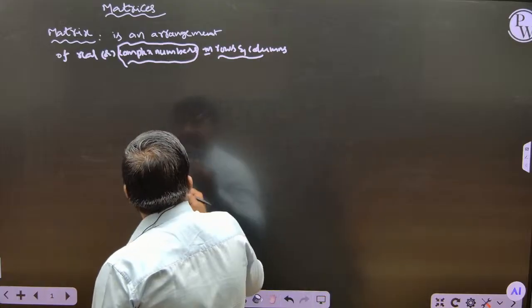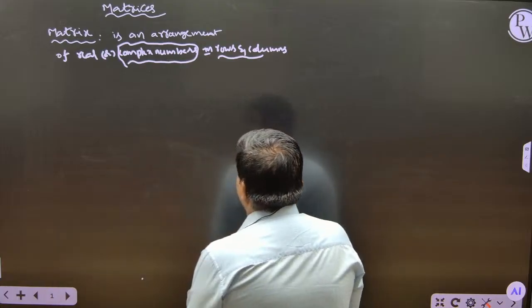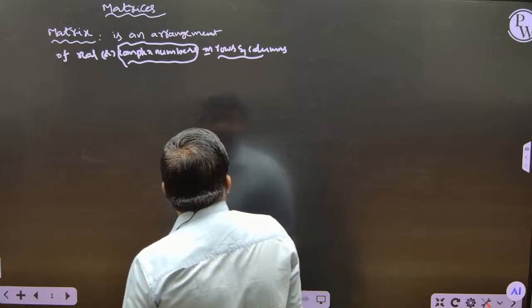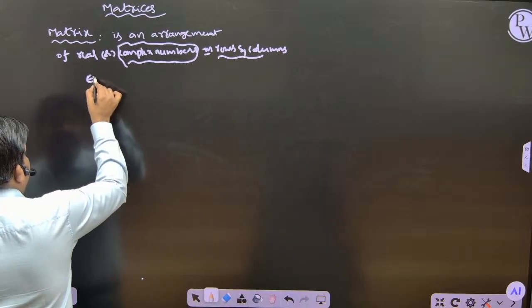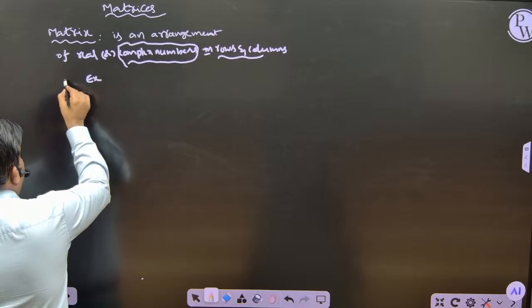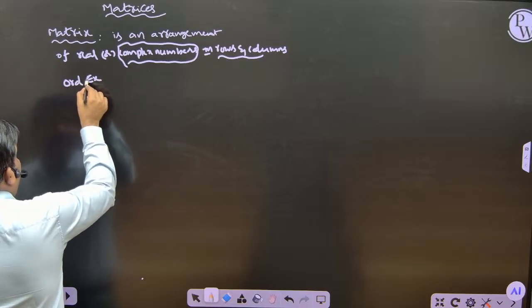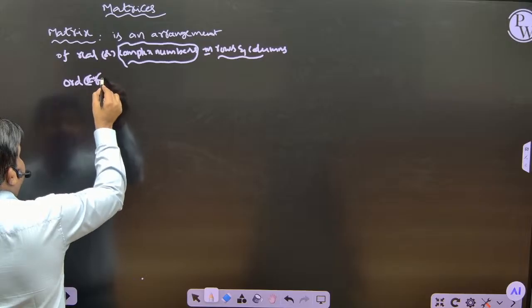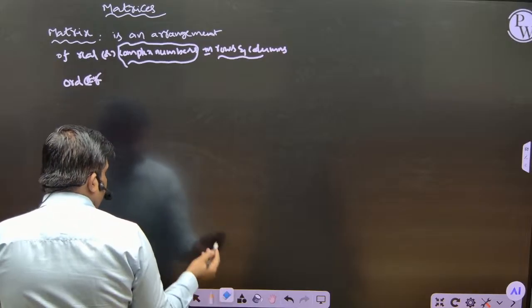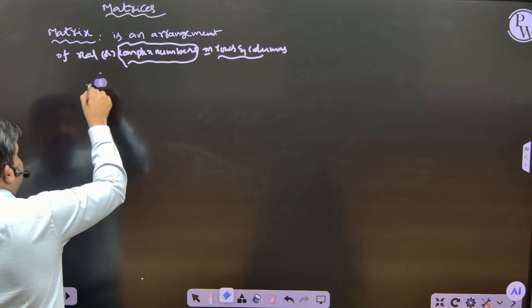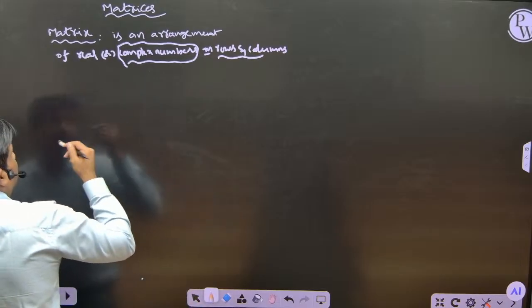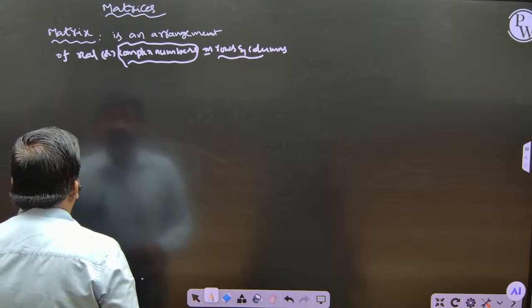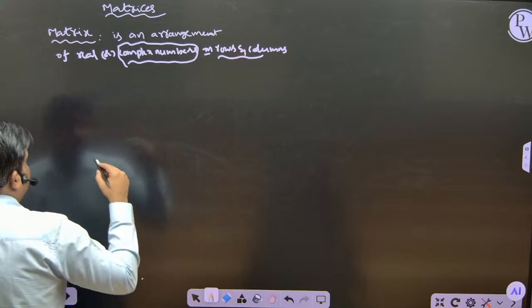So a matrix is an arrangement of real or complex numbers in rows and columns. Next, what is the meaning of order of the matrix?